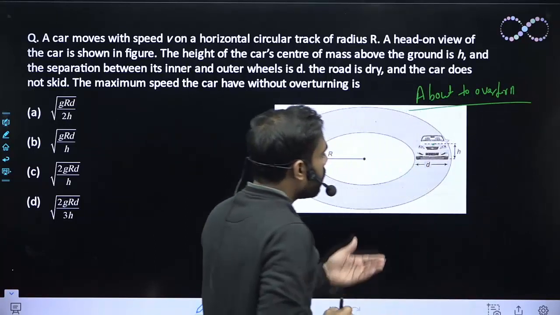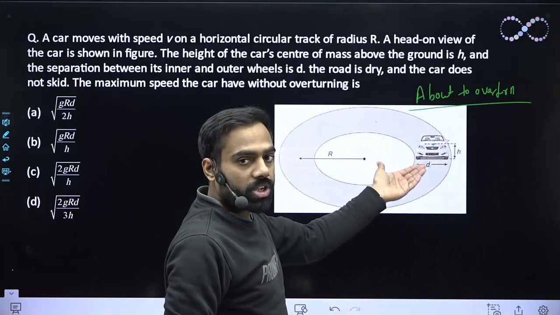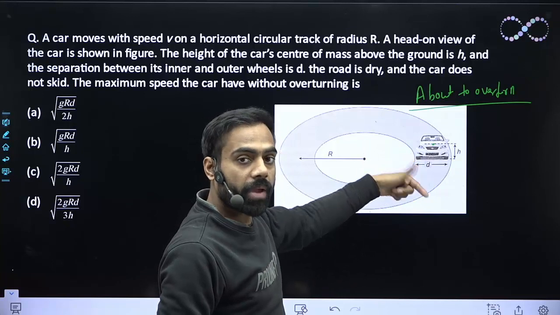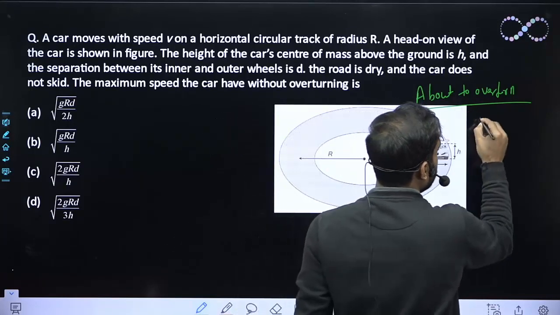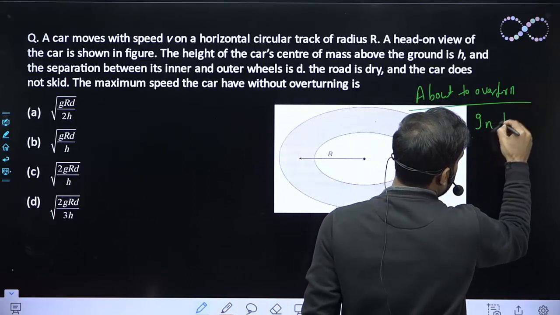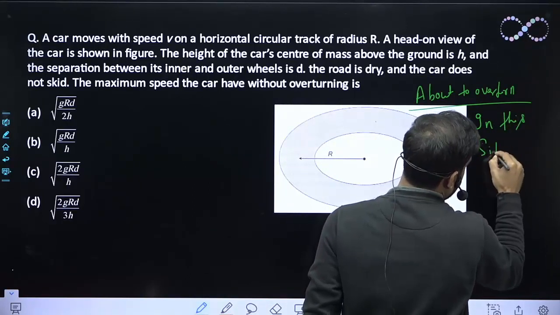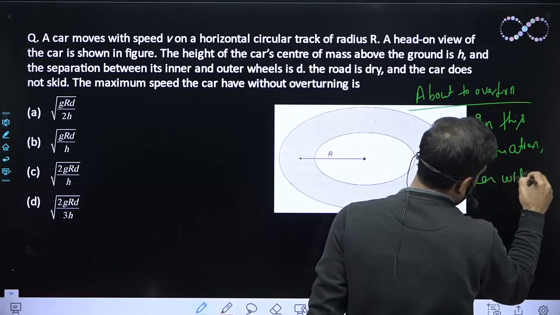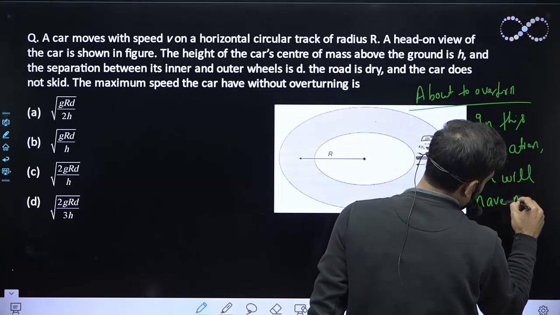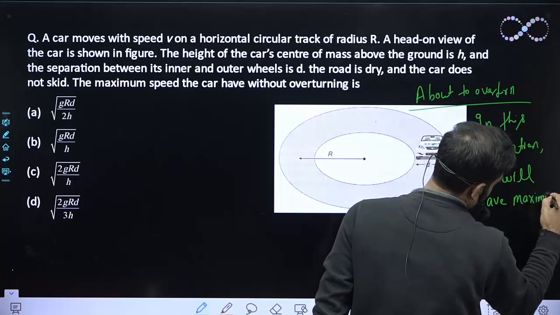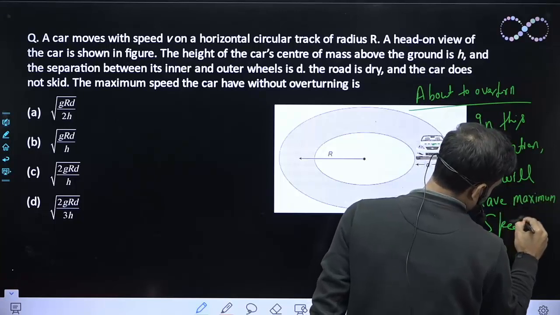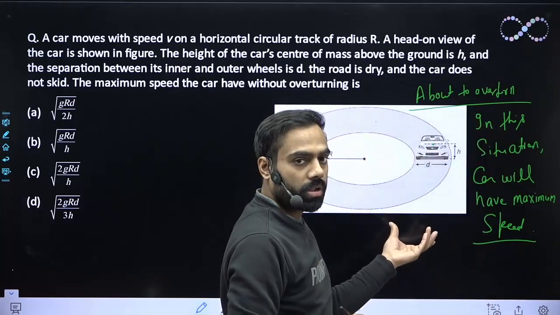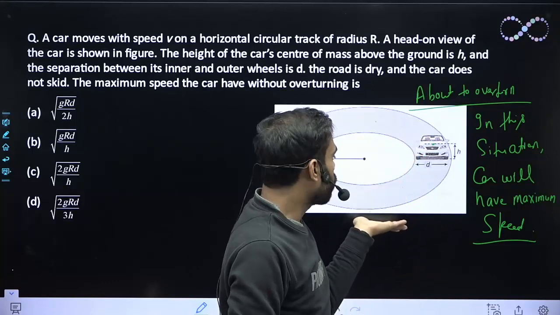When the car reaches the situation when it is about to overturn, at that situation the car will have the maximum speed. So in order to find the maximum speed, I need to solve this question when the car is about to overturn. So let us solve this.